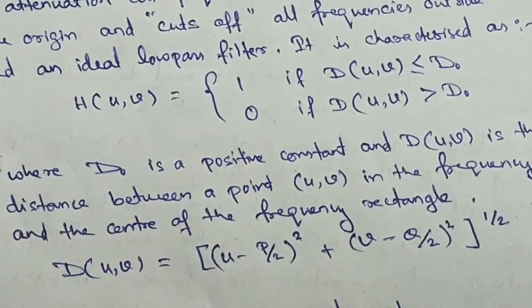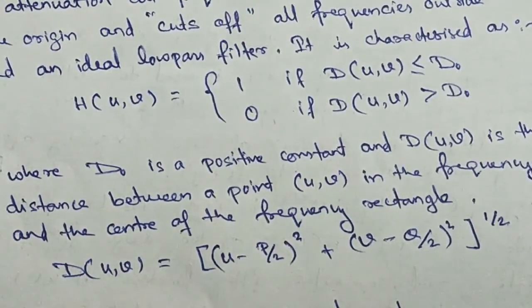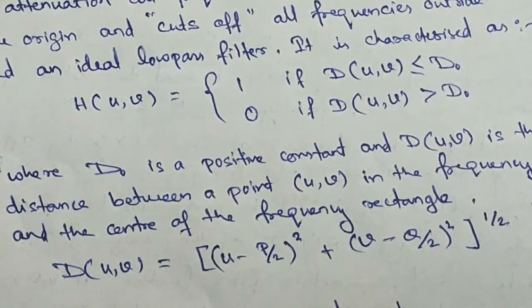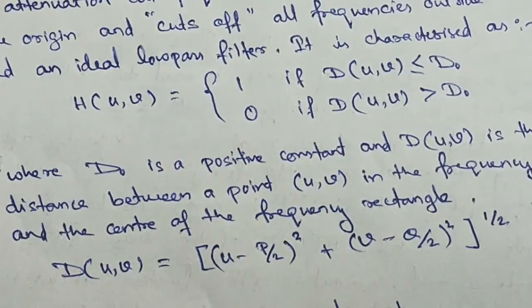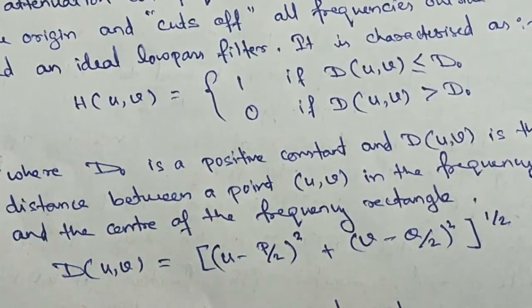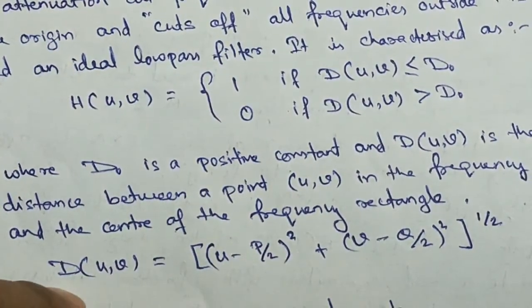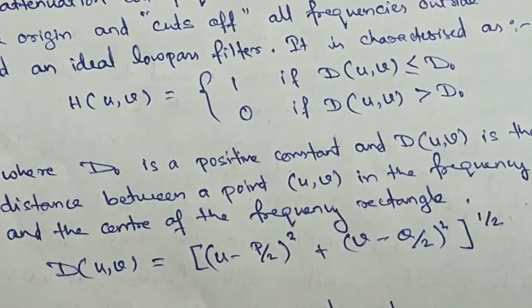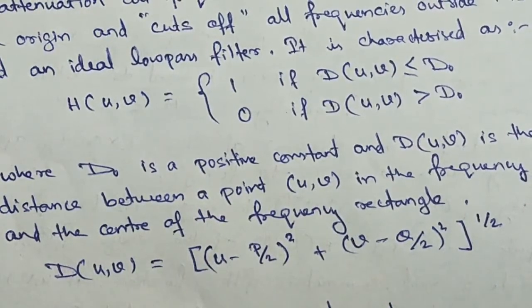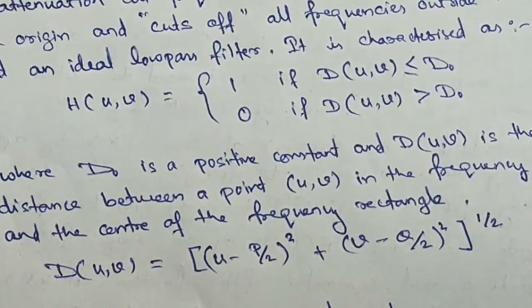We were just referring to the image plot of the frequency response H(u,v). There, any particular value of (u,v) is a point, and the distance of that point (u,v) from the point (p/2, q/2) is nothing but D(u,v). D(u,v) is given by the Euclidean distance rule: the square root of (u minus p/2) whole squared plus (v minus q/2) whole squared.